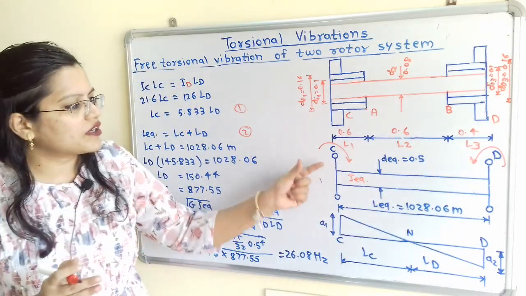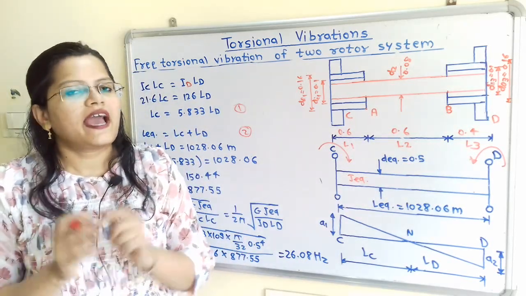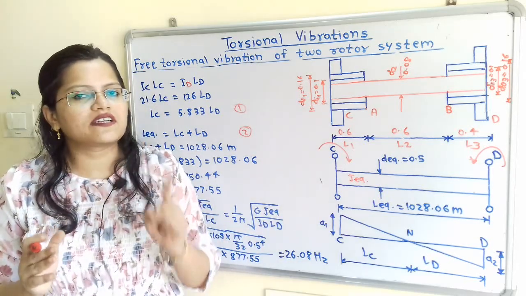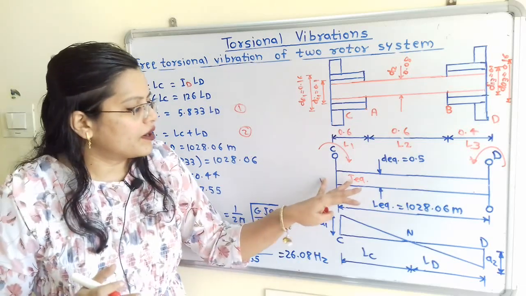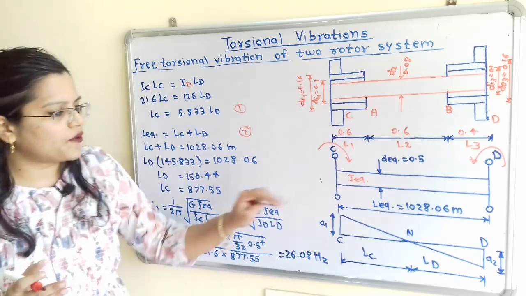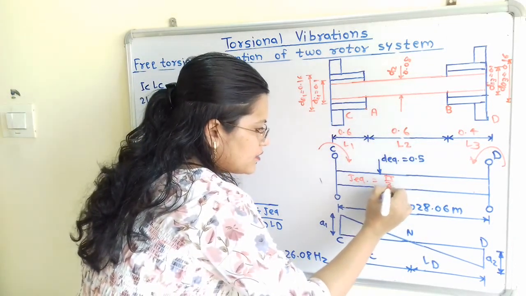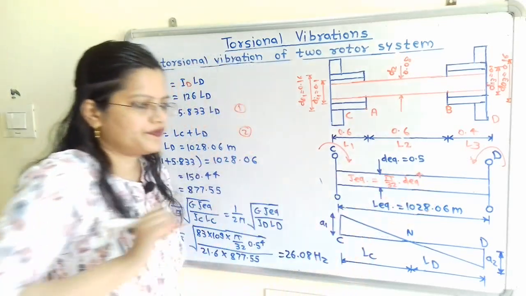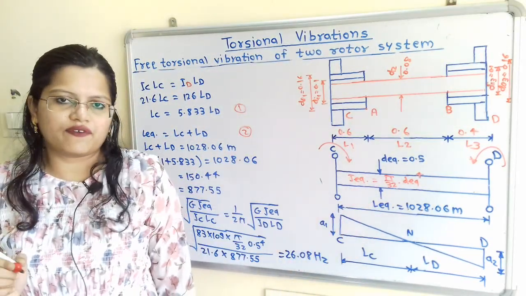So when the rotors rotate in opposite direction, then the vibration occurs, and these rotors are connected to the shaft, and that's why there is a resistance acting in this shaft. And the formula is J equivalent is equal to pi by 32 into D equivalent raised to 4. So by using this formula we can calculate J equivalent.